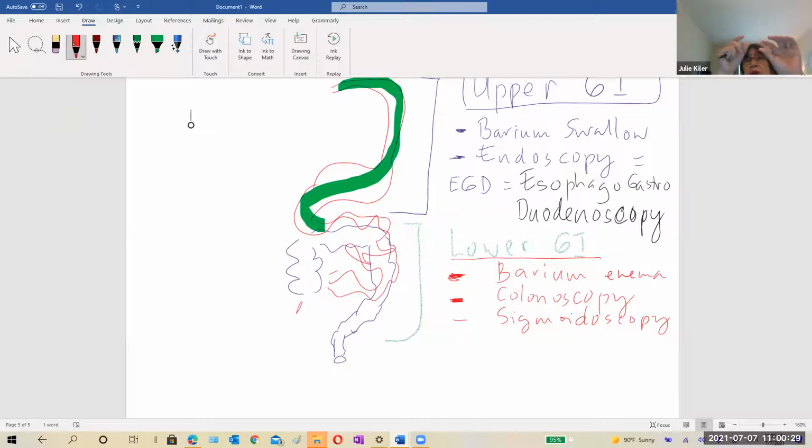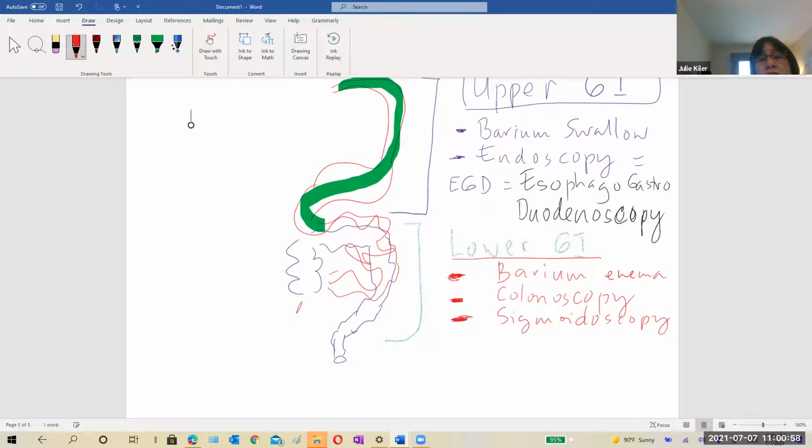So whenever you see a polyp, when you become a digestive doctor, a gastroenterologist, every time you have a polyp, you need to clip it, take it, and send it to pathology to check whether that polyp is eventually cancer cells.